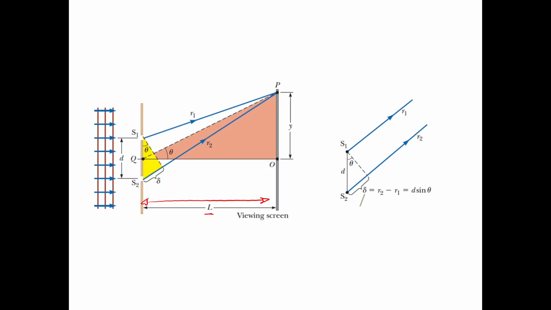So there's some capital L. And once we consider it, we can write this angle theta, which we defined in our previous equations for constructive and destructive interference, as the ratio between the y coordinate, this distance from 0, and the distance between the slits and the screen.